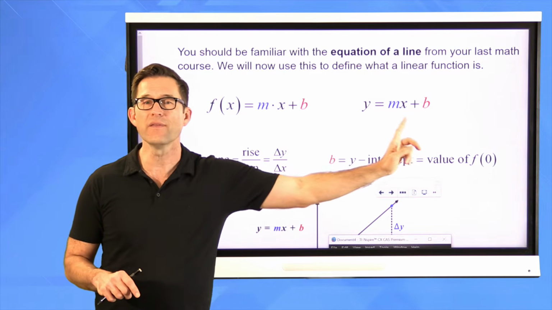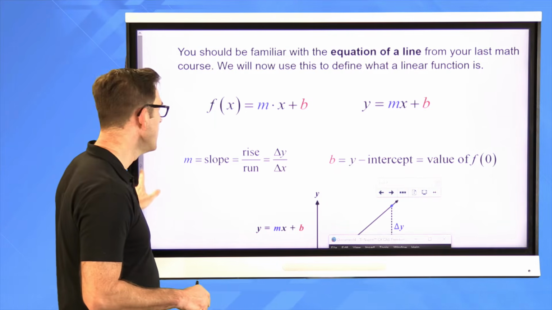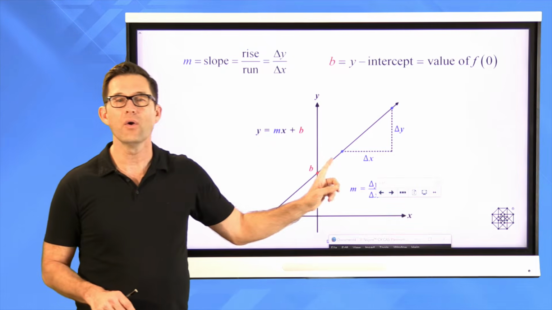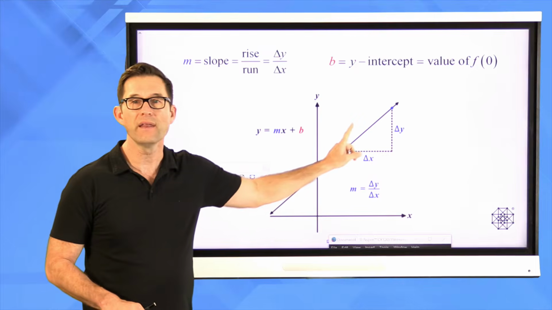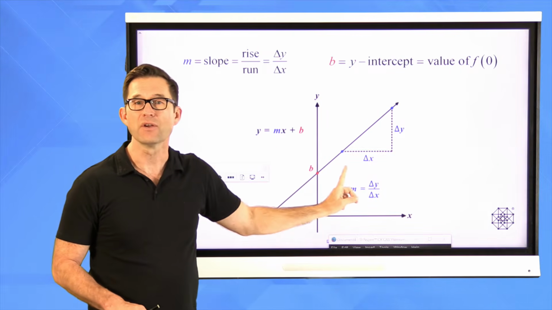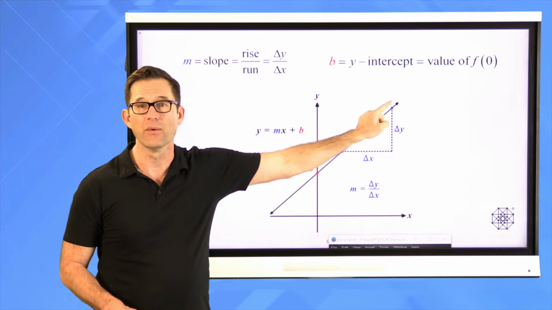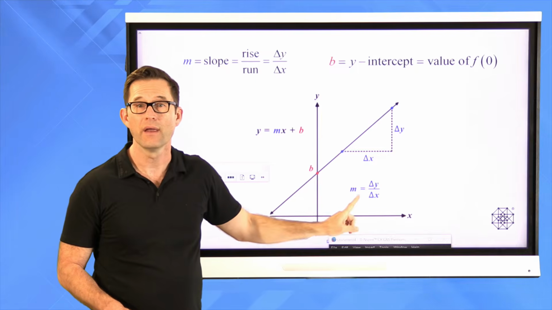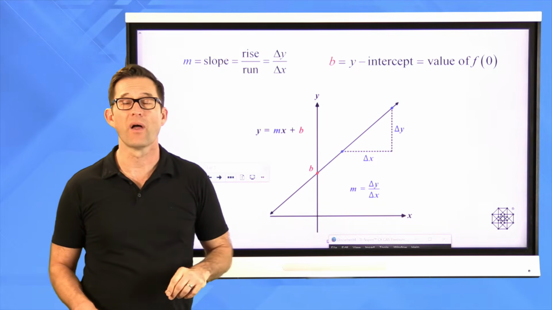The thing that's a little bit trickier is the idea that the coefficient on x, when this is written in this form, represents the slope of the line. Again, the idea, very simple, is that if I grab any 2 points on the line and measure how much the x value has changed and how much the y value has changed, and divide that change in y by that change in x, that will give me the number that's multiplying x.